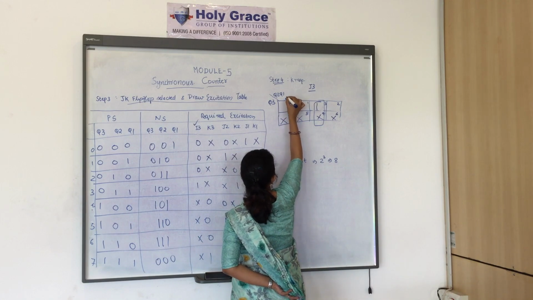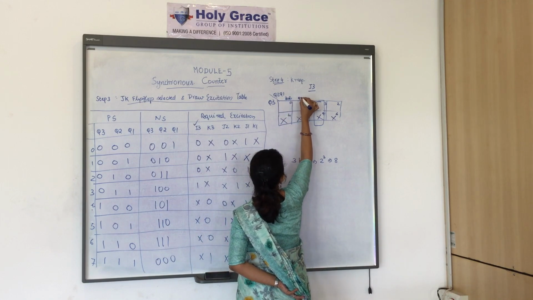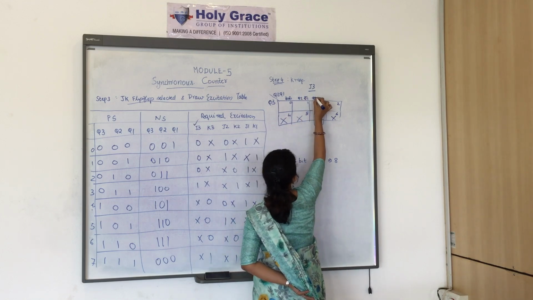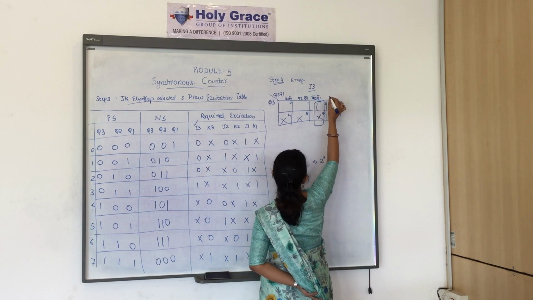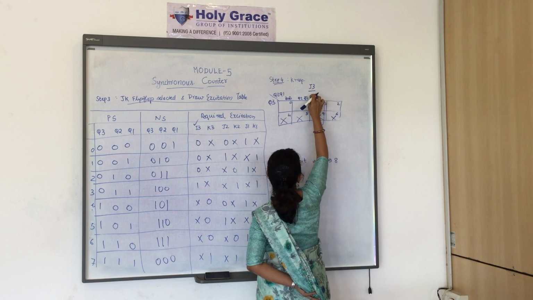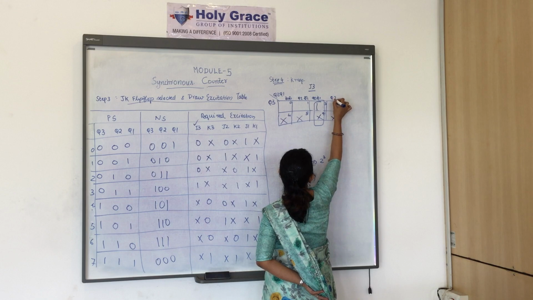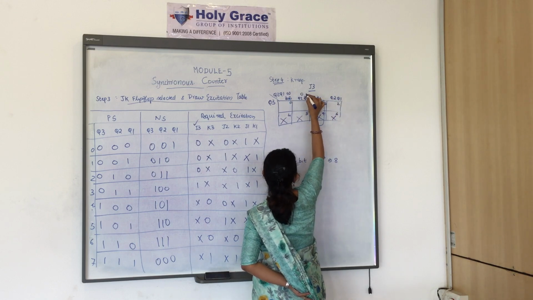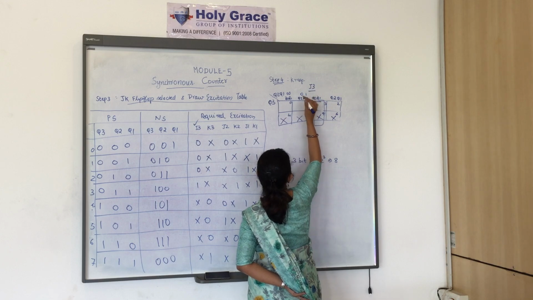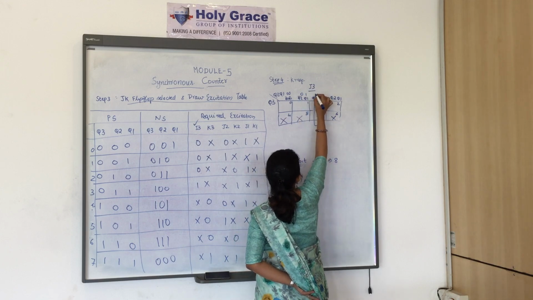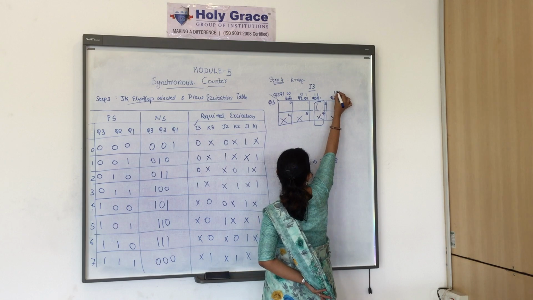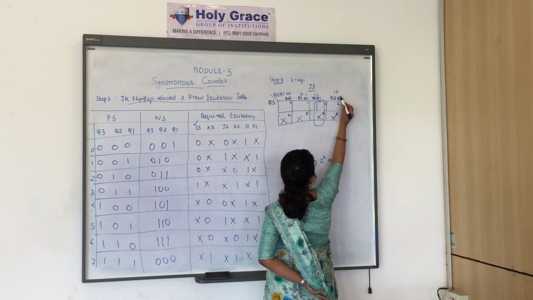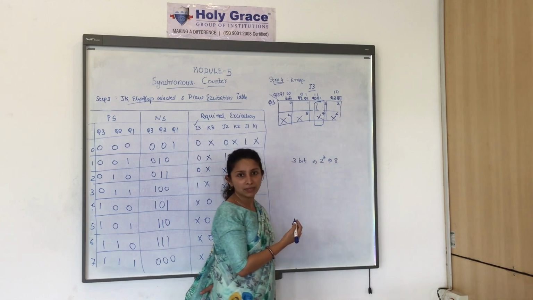Now to write down the equation of J3, as we know, here it is Q2 Q1 bar, then Q2 Q1 bar, then Q2 Q1, that is 0 0, 0 1. So that means we have Q2 bar here, then 1 1 and 1 0. 1 0 means Q2 is 1, and 0 means we have to represent the complement.